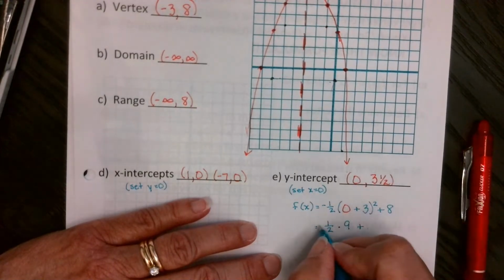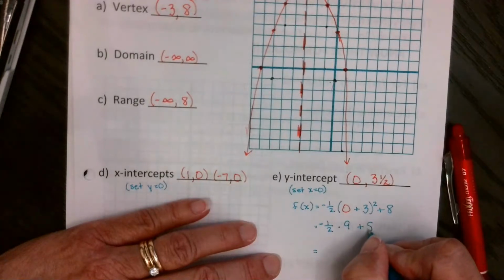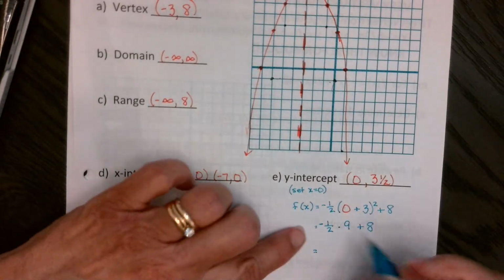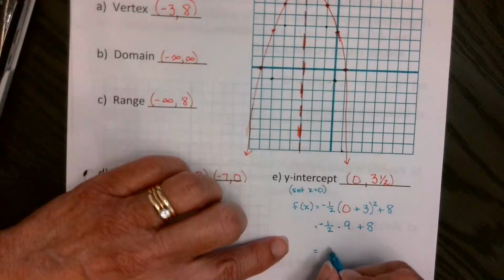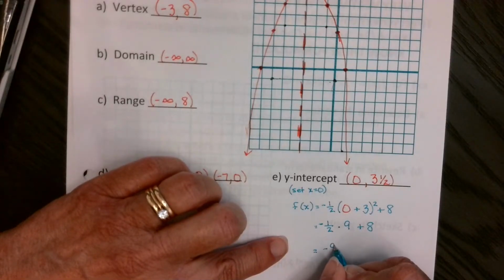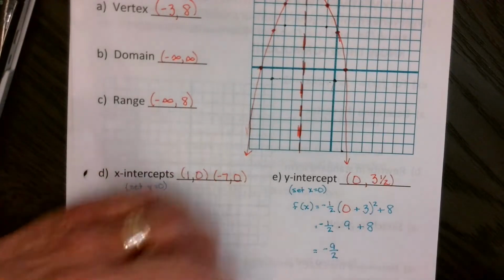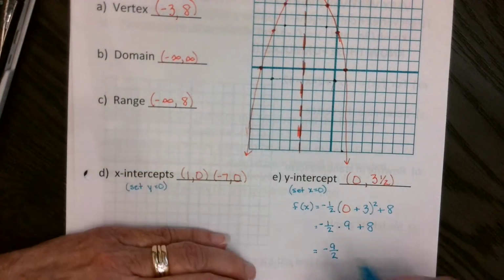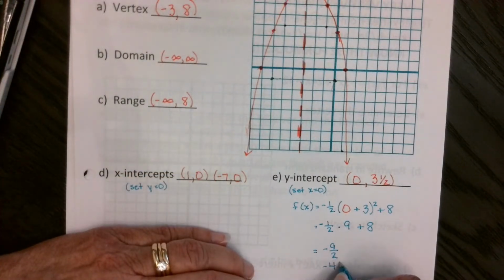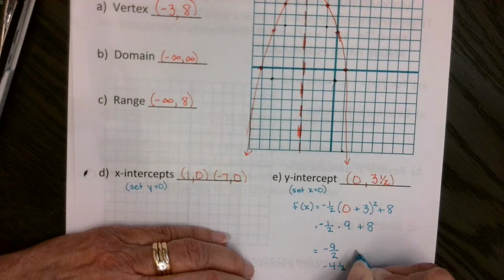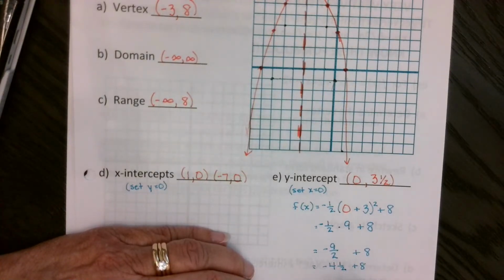Oops, forgot my negative here. -1/2 times 9 gives us -9/2, or -4.5. This is the same thing as -4.5 plus 8. That's what's going to give us 3.5.